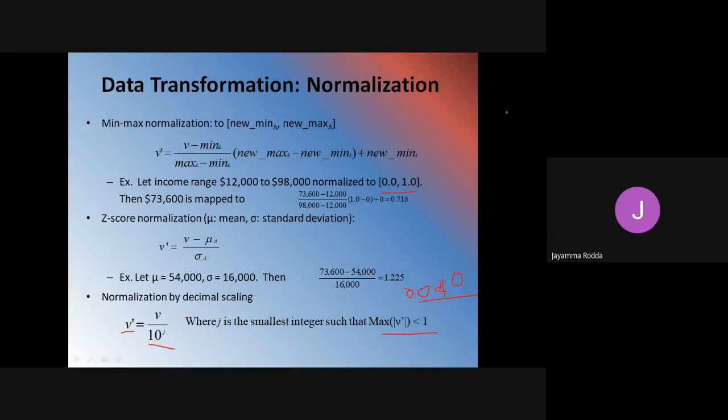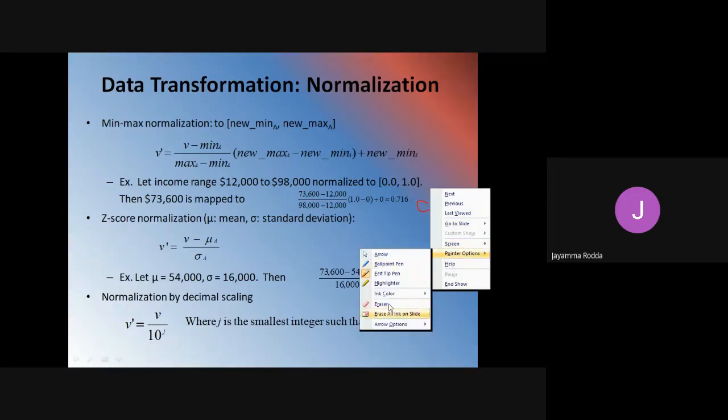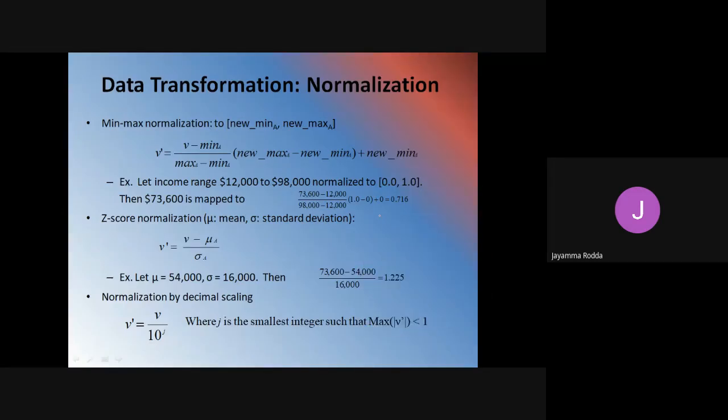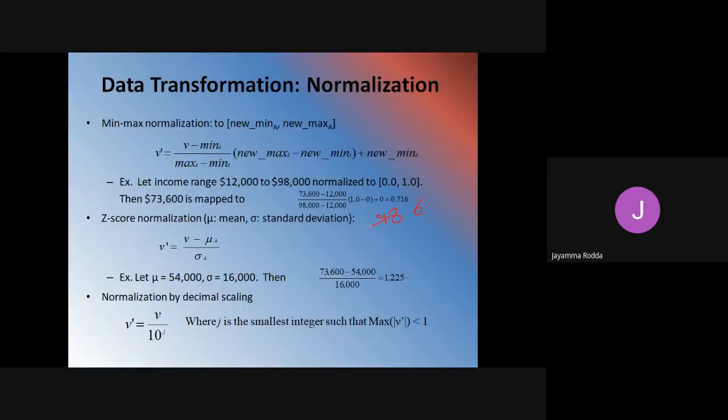Suppose that we are having values in the range between minus 986 and 917. Okay, so the maximum absolute value, this is negative 986, you know that, is 986.